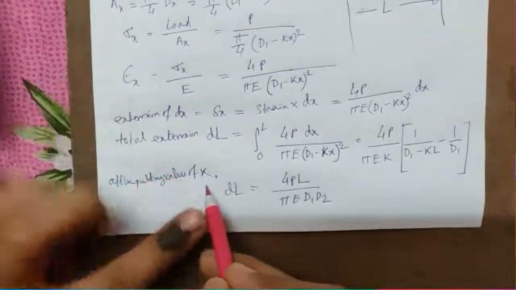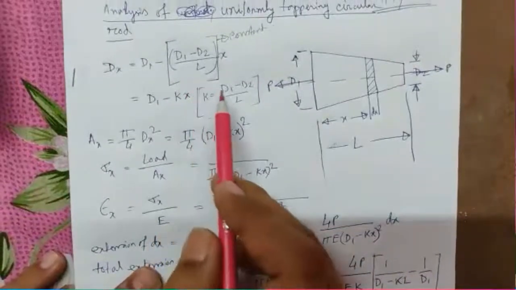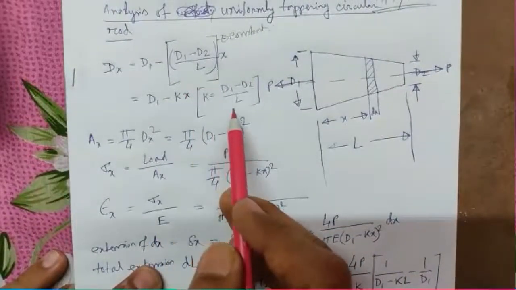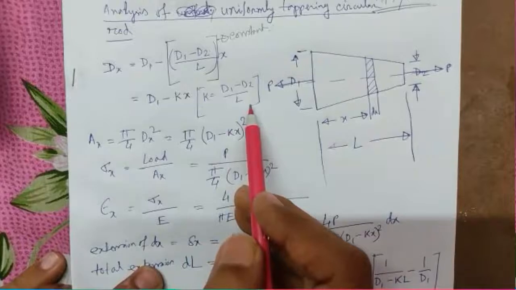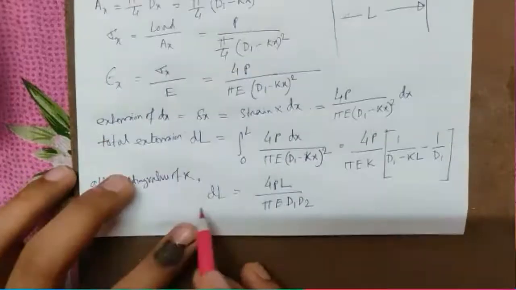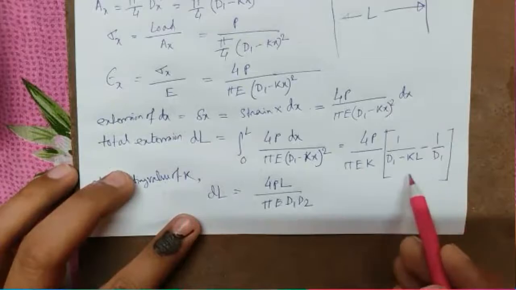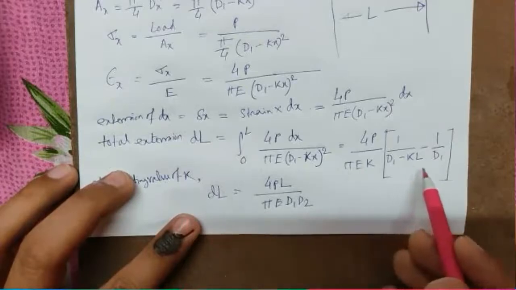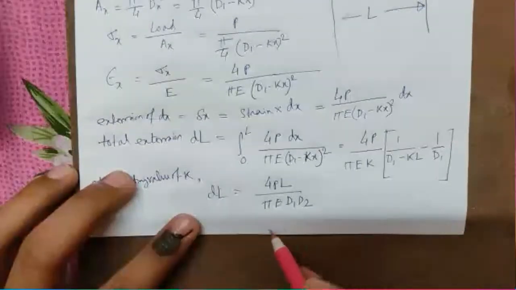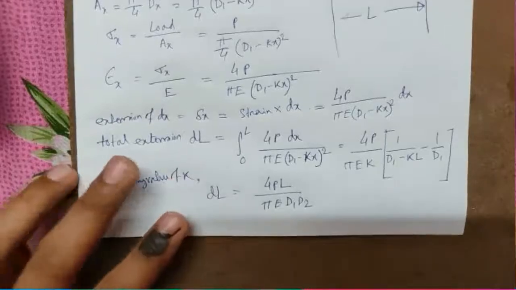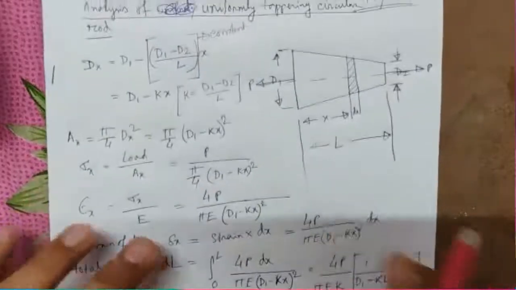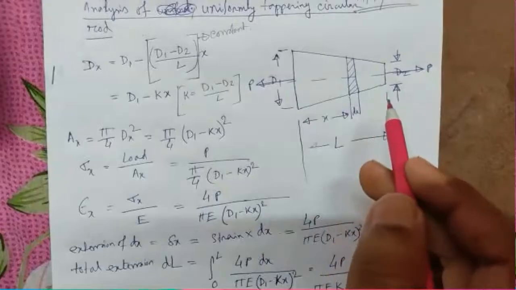We are just putting the value of k. The value of k is here, d1 minus d2 by L, constant. What we get from integration, we are putting the value of k, and after further simplification, we will finally get this value. So here the bar was circular.